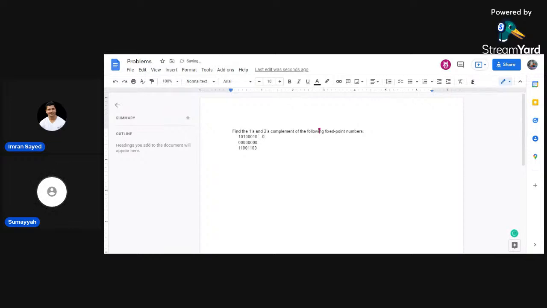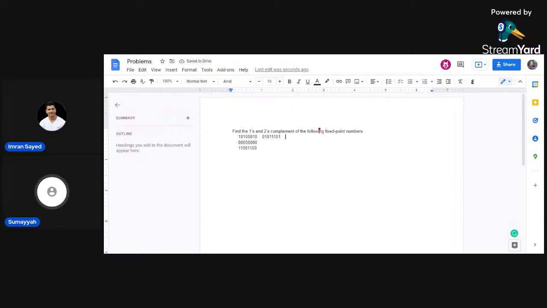So for this one, it will be 0, 1, 0, 1, 1, 1, 0, 1. Is there any calculation or explanation that needs to be done, or can we directly write? You can write it directly. Okay. So that's clear. So what about the big one?